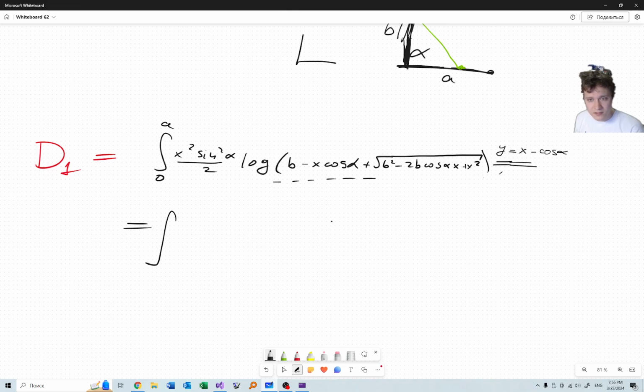This means that x is y plus cosine alpha. No, this is not good because plus b minus b cosine alpha, I think.